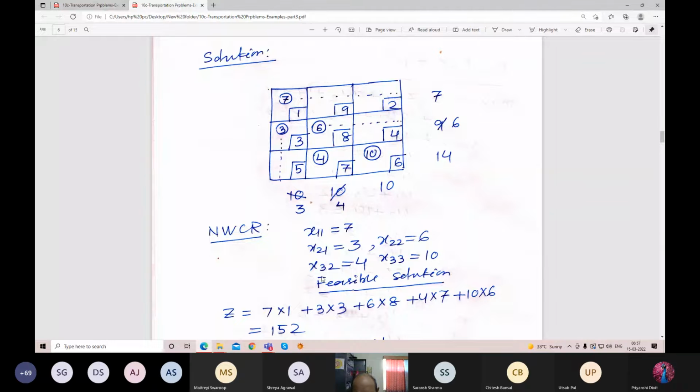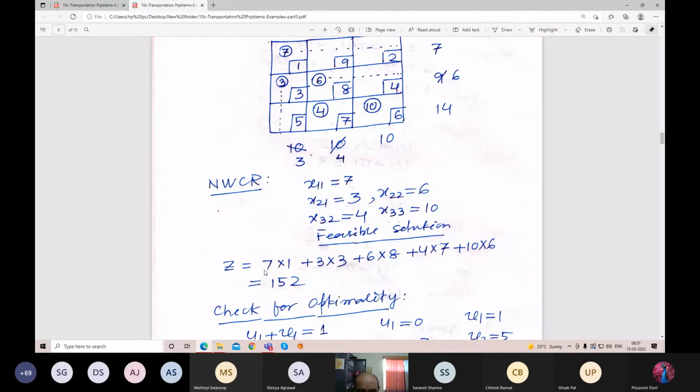With respect to this solution, what is the value of our Z? The Z value is 7 into 1, then 3 into 3, 6 into 8, then 4 into 7, 10 into 6. Altogether, we have 5 different cells.